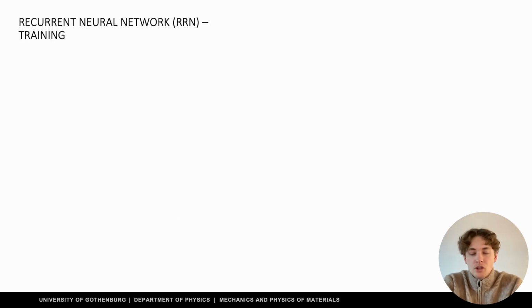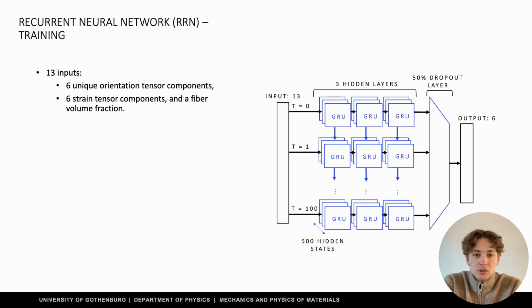The next step is to train our recurrent neural network on this augmented dataset. Our model architecture consists of 3 gated recurrent unit (GRU) layers, each containing 500 hidden states, designed to process sequential data efficiently. Here's a breakdown of the model inputs and outputs. The inputs are 13 features, including 6 unique orientation tensor components, 6 strain tensor components, and a fiber volume fraction.